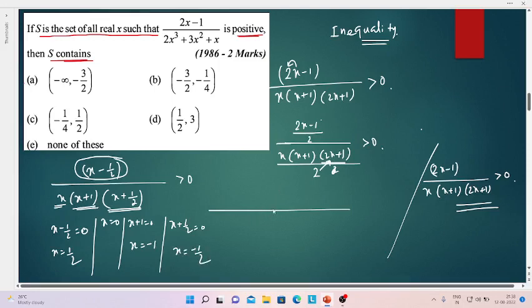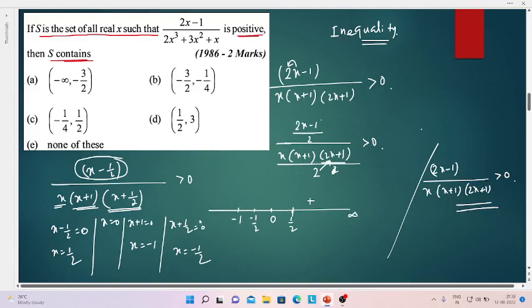So let me plug in all these values on the real axis. So let me write down this as 0. So minus 1 will be somewhere around there, and minus half will be middle of minus 1 to 0, and half will be there, right? And by some inequality formula, we can see that that particular polynomial expression or that particular function will be positive for all values in the range of half to infinity, right?